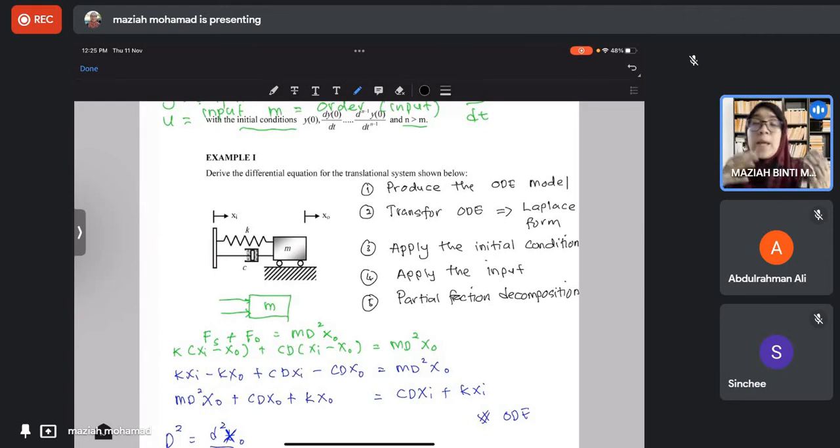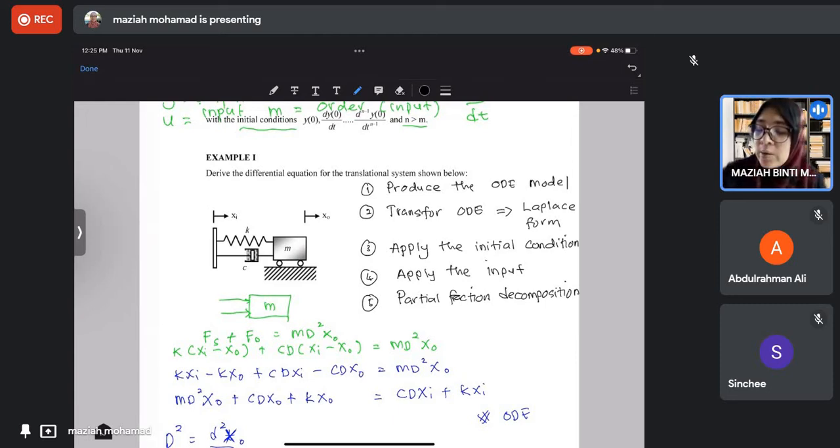You're going to separate into partial fractions. The objective is eventually to determine the parameters for the Laplace form there. So using partial fractions, we decompose the ODE into several parts, and then we solve for the parameters.